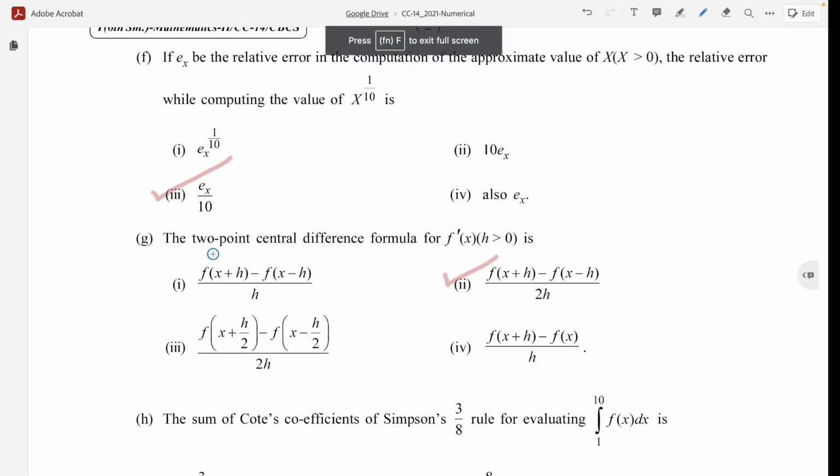The 2-point central difference formula for f dash x, where h is positive, is this. The correct option is 2: f of x plus h minus f of x minus h, whole divided by 2h.